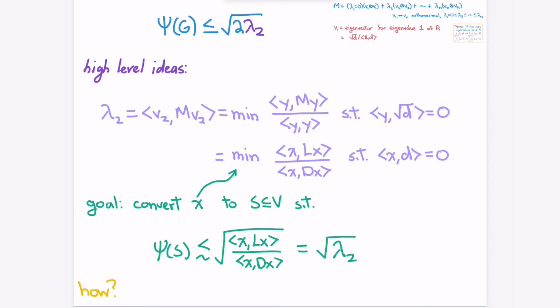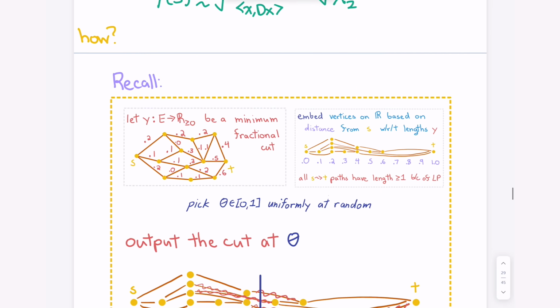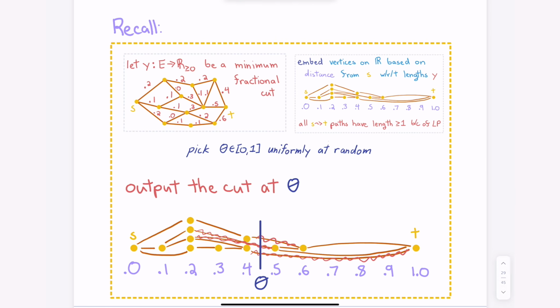It seems to correlate vertices along the line intuitively. So there's some intuition behind why it's a natural heuristic. In fact, this was a heuristic before it was analyzed rigorously.